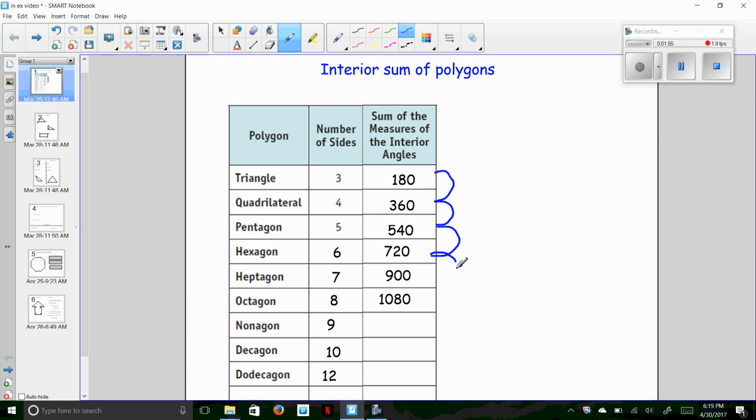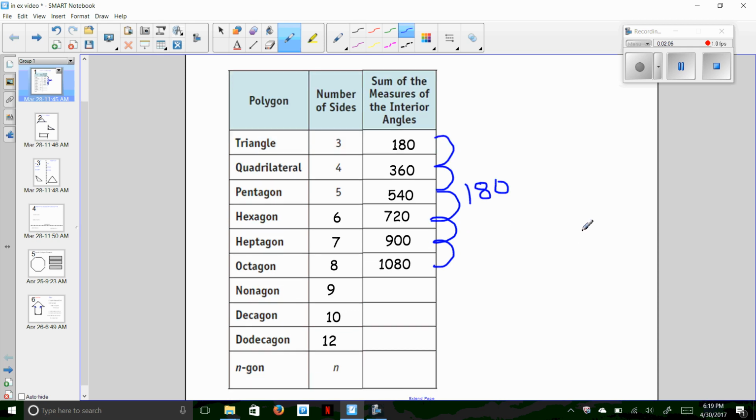As the sides go up, a lot of people are already noticing that it has a consistency of going up 180. So here is our challenge: if I want to know the interior sum of something bigger than a 12-sided shape, maybe like a 30-sided shape, that's going to be kind of hard to continuously add 180.